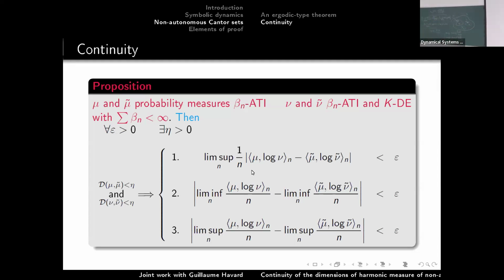If we admit the proposition, take this formula here and replace mu by mu and mu tilde by mu tilde.